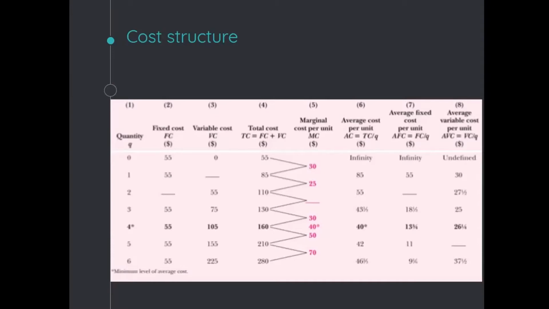I talk about this because there is, if I recall correctly, a problem just like this in your problem set, in the sense that you have a cost structure table and you need to fill it out from just a couple of tidbits of information. And essentially, it's really easy. As long as you have the quantities and at least one of the initial costs, whether it is the fixed cost or the variable cost, you can fill out the entire table.